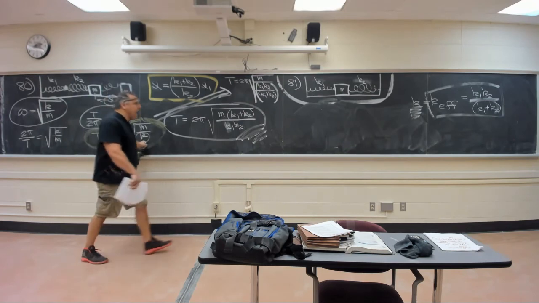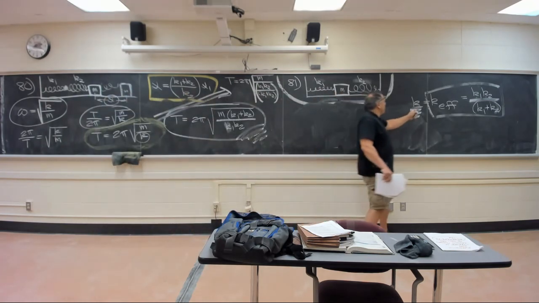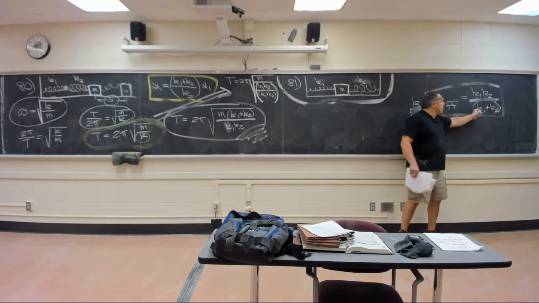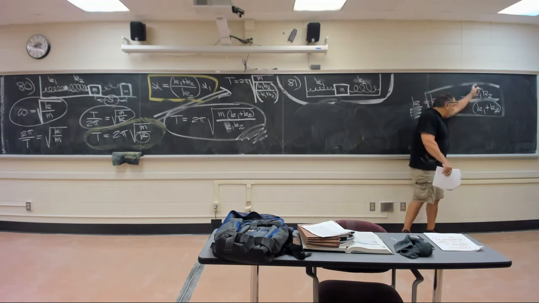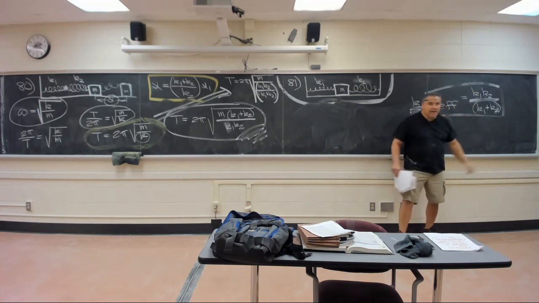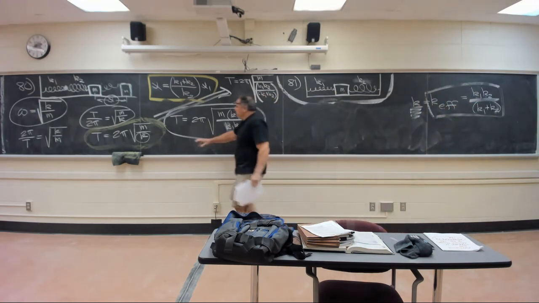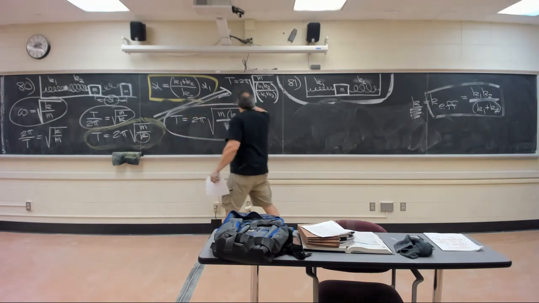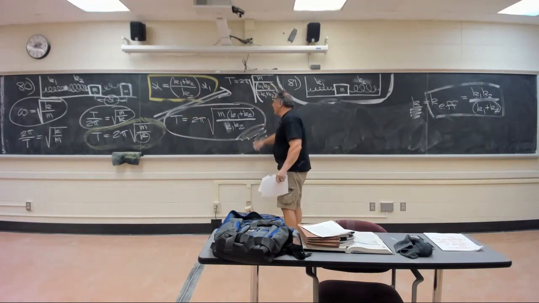Then plug in the K, this whole mess right here, which is now the K, the effective K. K is equal to K effective. It's all that. Plug K effective into here. That's what I did right here. That flips over and you get this.